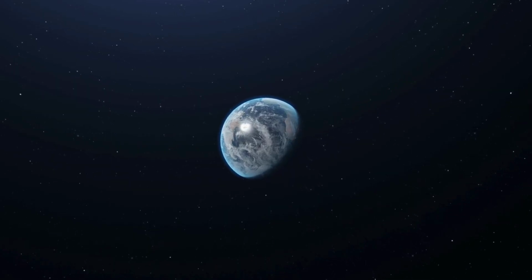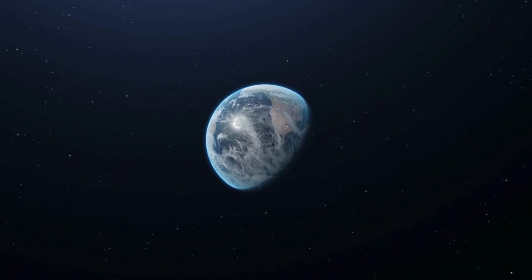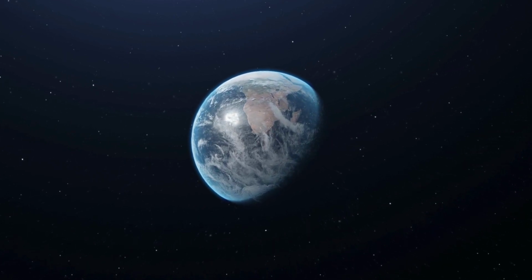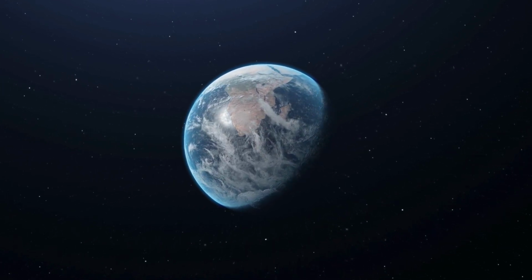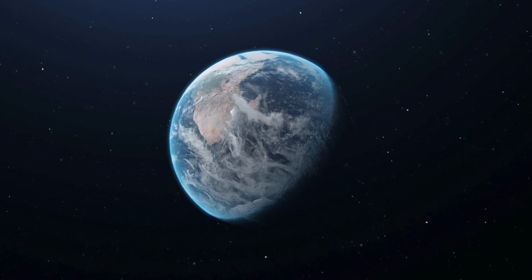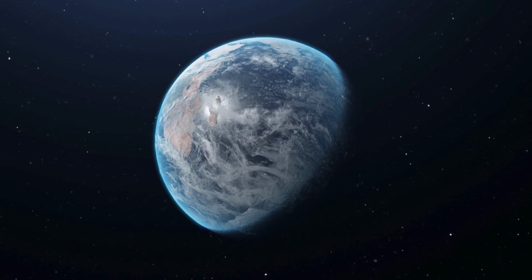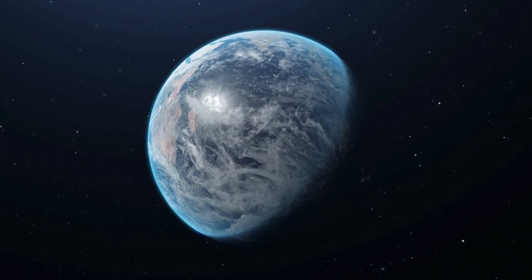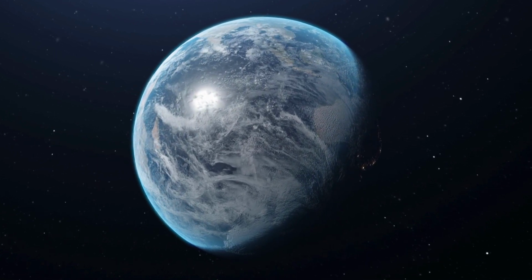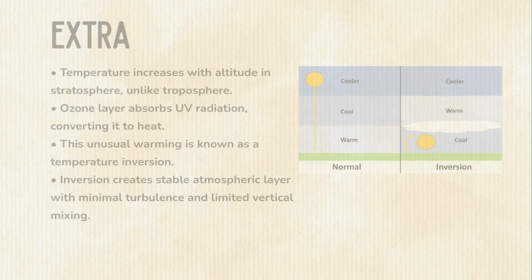As a result, the exosphere can record extremely high temperatures ranging from near zero up to more than 1700 degrees Celsius, primarily due to the absorption of intense solar radiation, especially ultraviolet and X-rays. However, despite these high readings, the lack of molecular collisions means there is almost no sensation of heat, making the exosphere feel extremely cold to humans or instruments placed there.